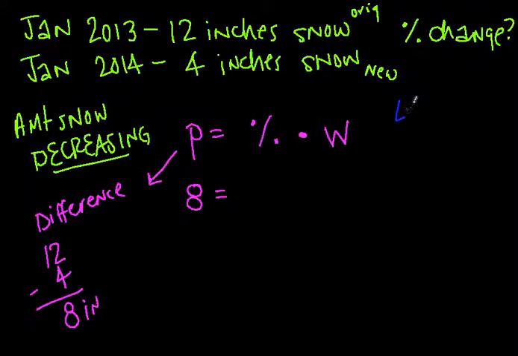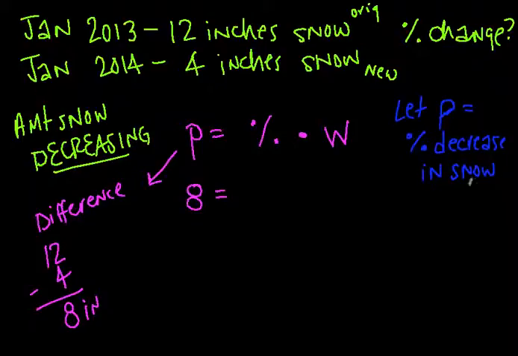So we're going to say let P equal the percent decrease in snow. And that goes here. Our whole is always going to be the original amount, and that's 12, what we had last year. So there's our equation, part equals percent times whole.